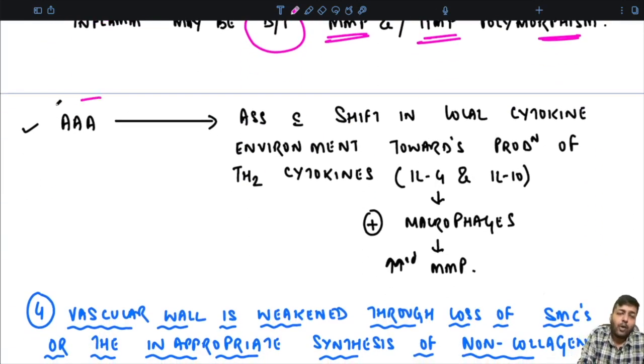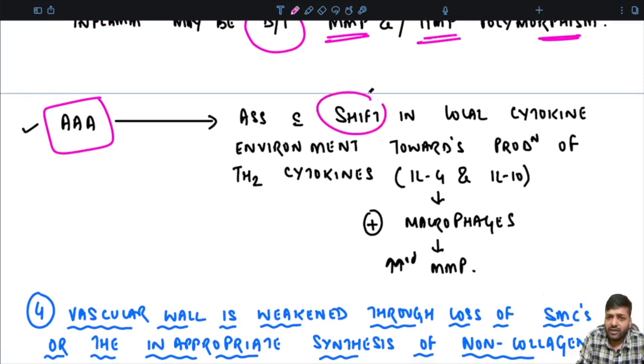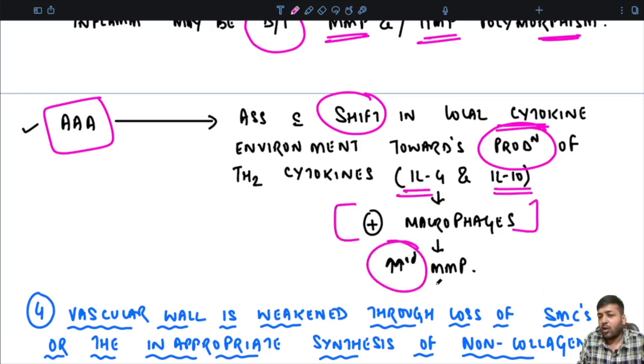Now, abdominal aortic aneurysm is associated with a shift in the local cytokine environment towards production of Th2 cytokines, that is interleukin 4 and interleukin 10, which stimulate the macrophages, causing excessive release of MMPs, facilitating abdominal aortic aneurysm, okay.